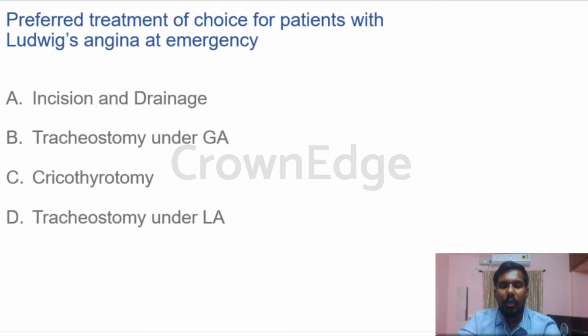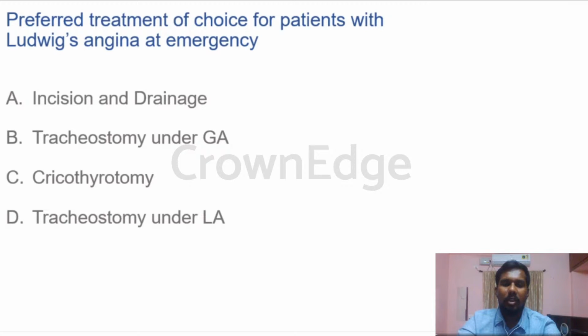Either we can do tracheostomy or cricothyrotomy. The main complication with tracheostomy is that the infection has already spread to the neck.